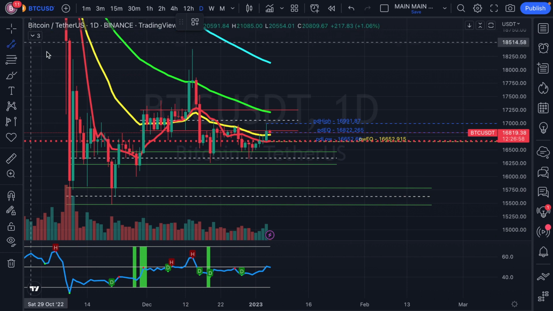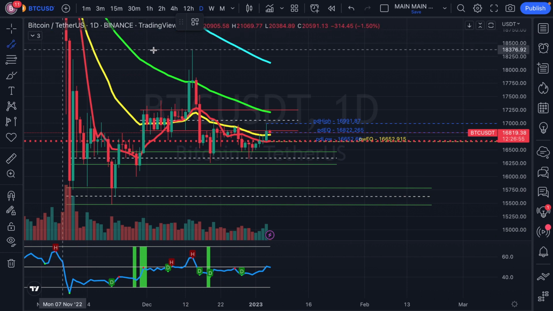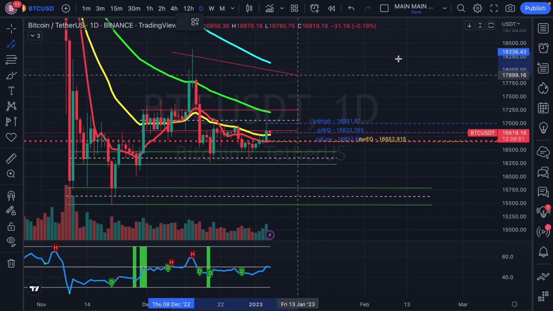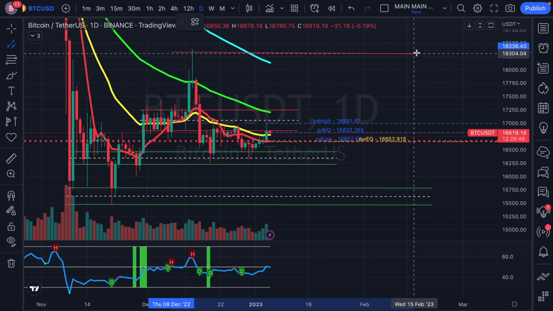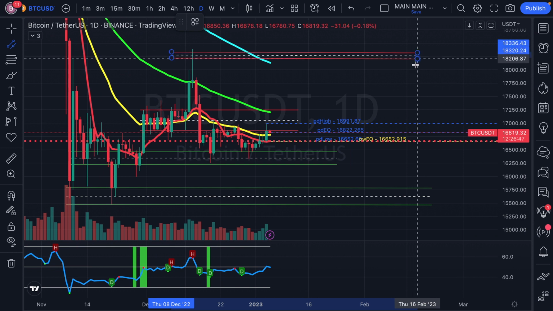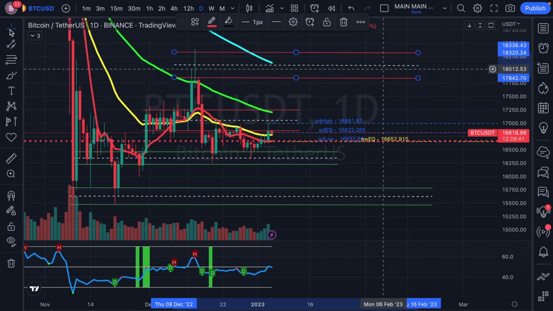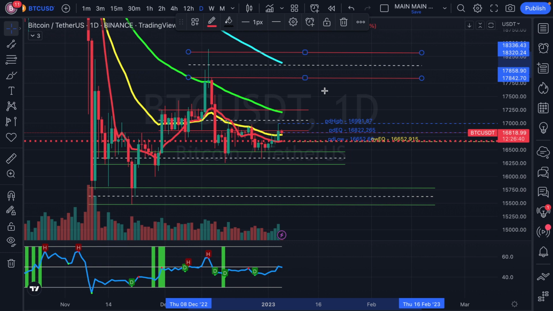You can just go like this. These are not 100% precise, but pretty good enough. So now you have these things set up on a daily time frame.